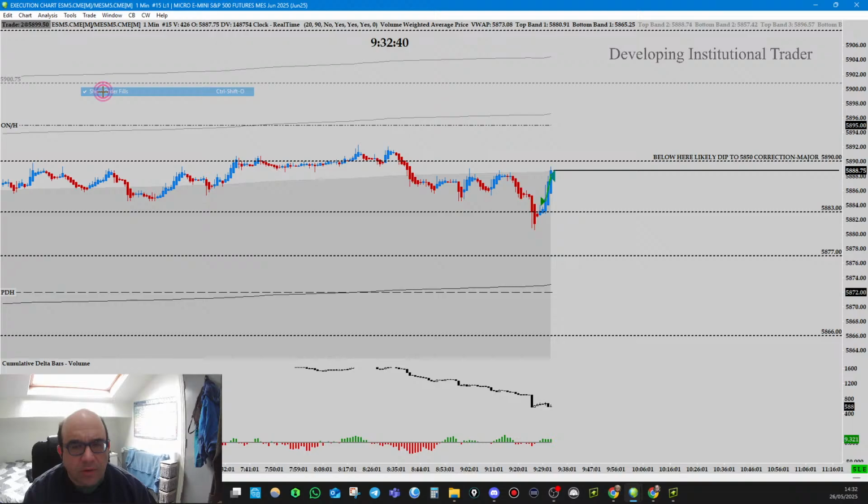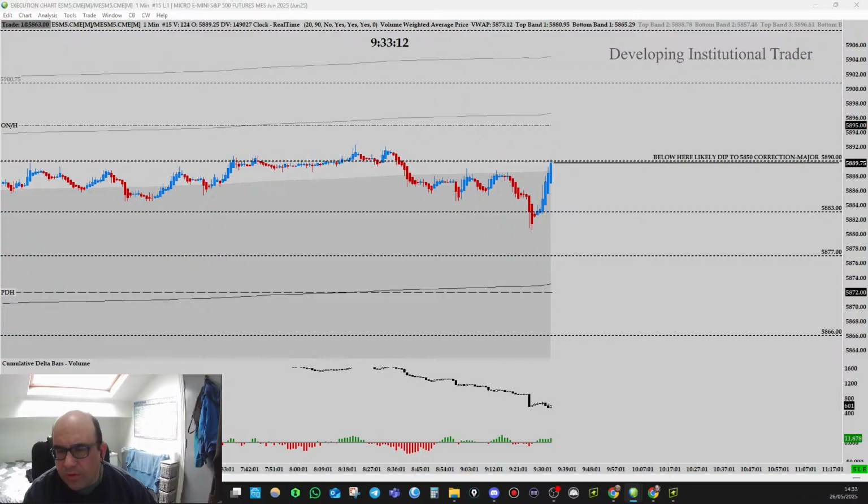If it breaks above the level, I may actually enter a runner there, but only one contract. I'm going to enter with only one contract, and I'm just going to leave a runner and trail it. There was a bad execution there for some reason.